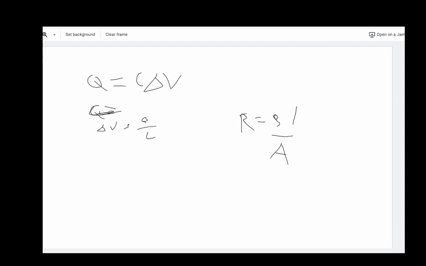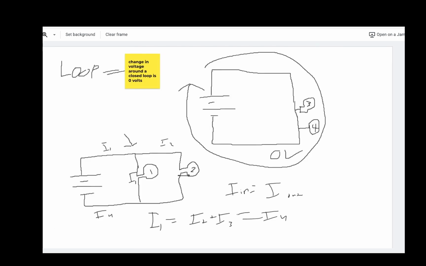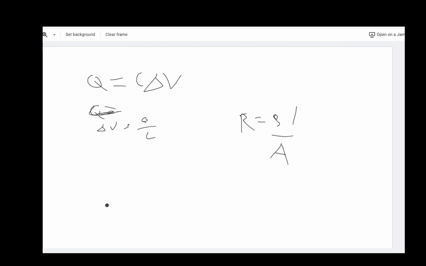So coming back, let's say we have a circuit, we have a battery, we have resistor number 1, we have resistor number 2. Coming back to Kirchhoff's first law, let's say this has a resistance of 5, and this has a resistance of 4.